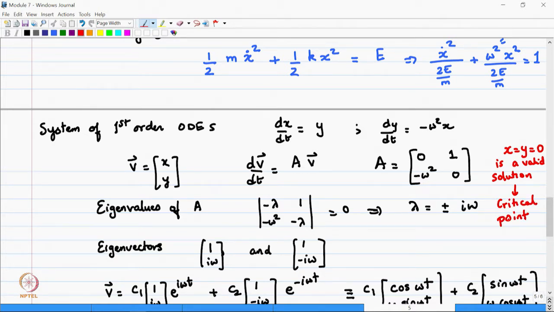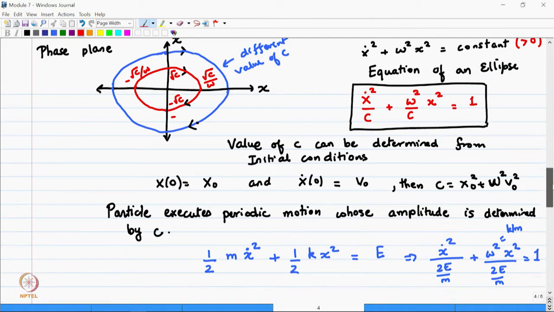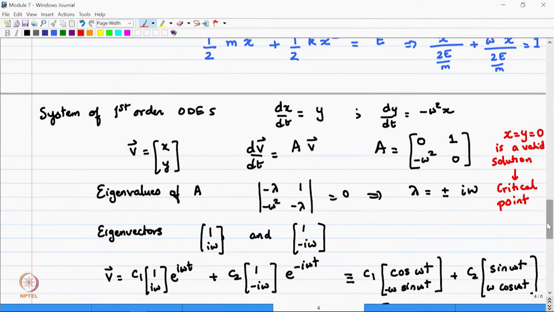Once x equal to y equal to 0, it cannot change. So it is a valid solution for some values of the constant. Depending on what this constant is, if it is 0, then x equal to y equal to 0 is a valid solution. That is called a critical point.